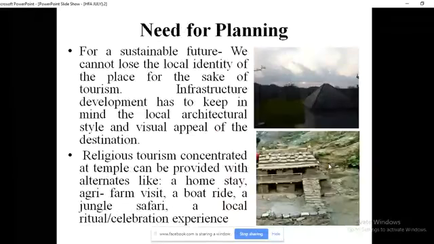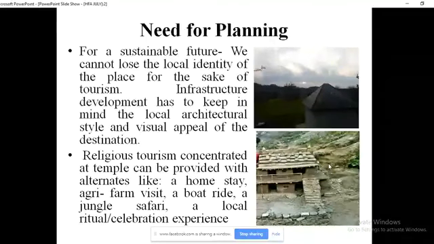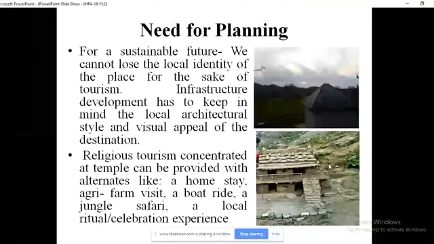Next, we have need for planning, because planning is important. Planning for a sustainable future, because we have seen so many destinations have lost their local identity. We cannot lose the local identity of the place for the sake of tourism. Infrastructure development has to keep in mind local architectural style and visual appeal of the destination.